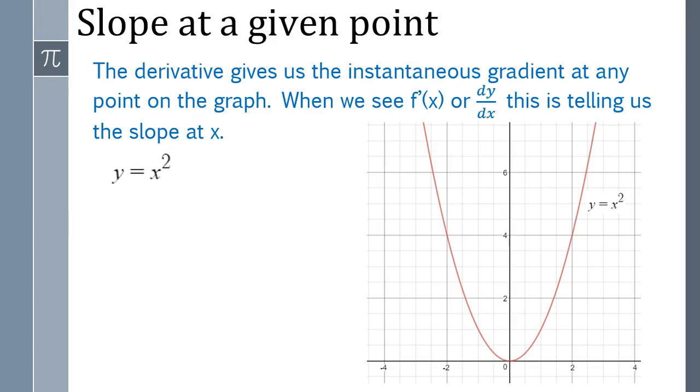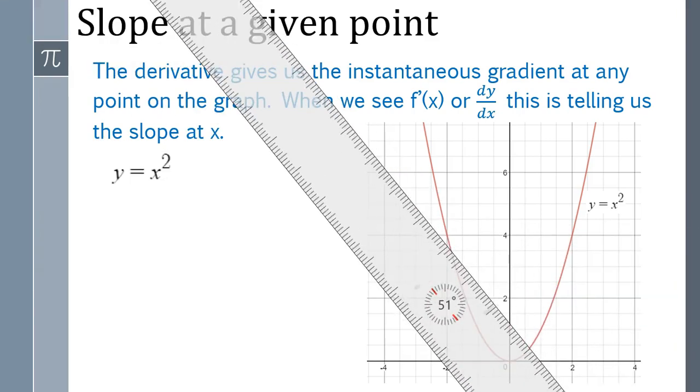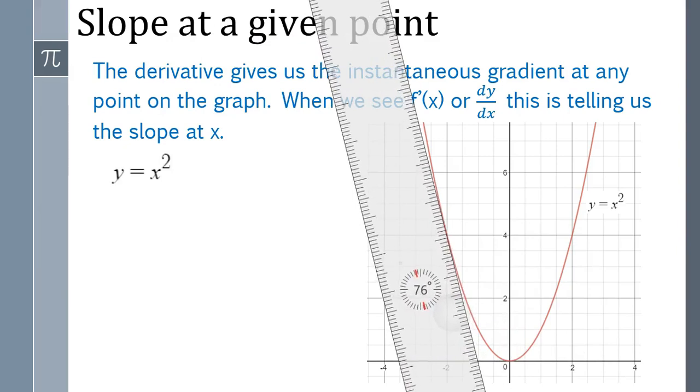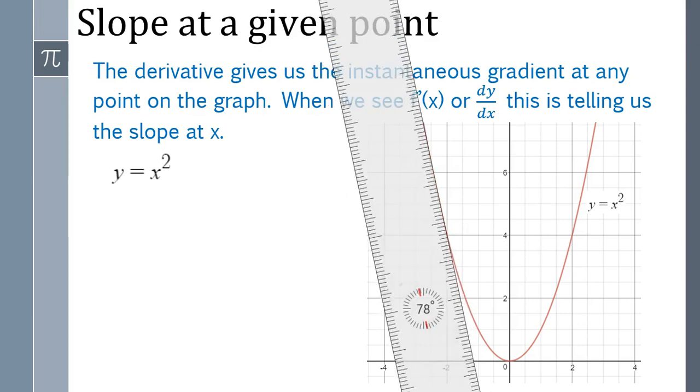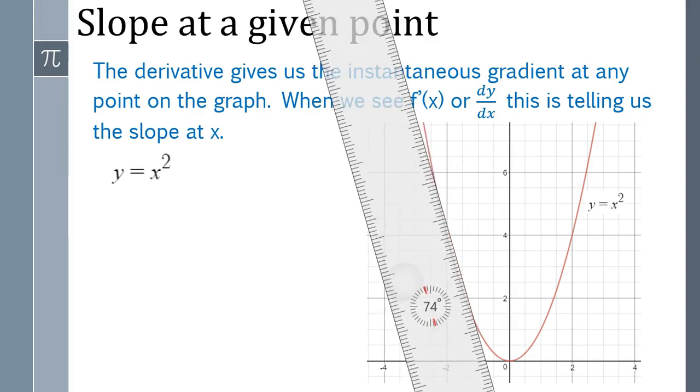The first thing we need to look at before we do max and minimums is the slope at any given point on a graph. So from the previous lessons, we should be pretty used to the idea that the derivative gives us a slope at a point. You can see my ruler there. That would be the slope at about x equals 2.